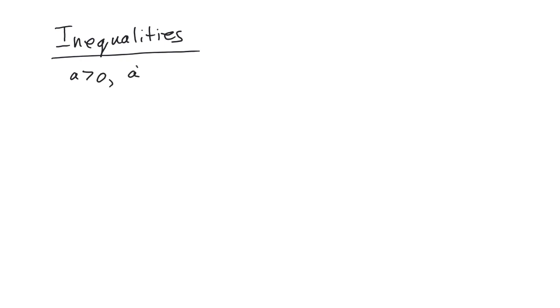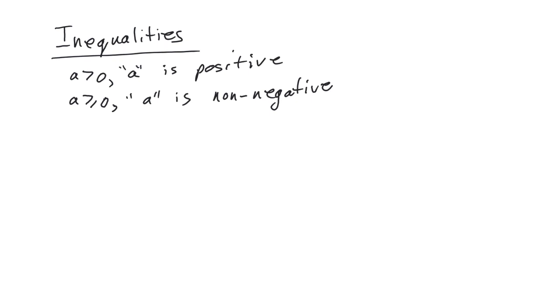Let's talk about inequalities. Suppose that A is greater than 0. In English, you would say A is positive. When we say A is greater than or equal to 0, we also mean that A is non-negative.